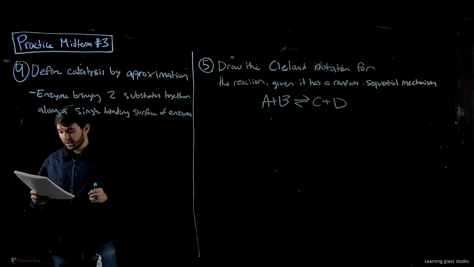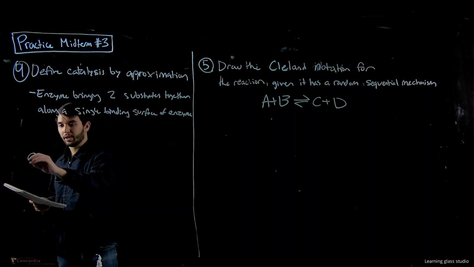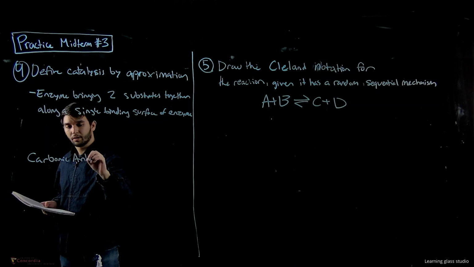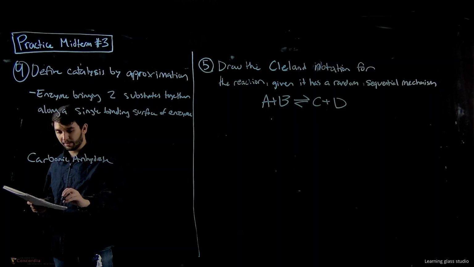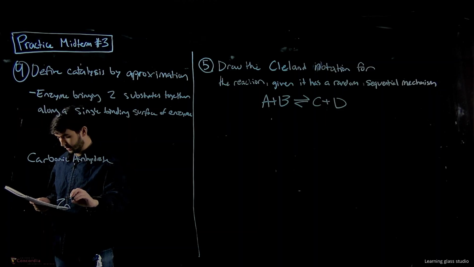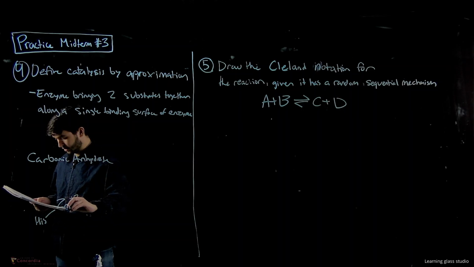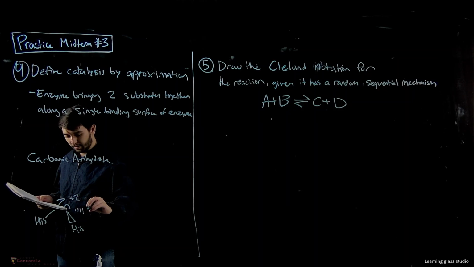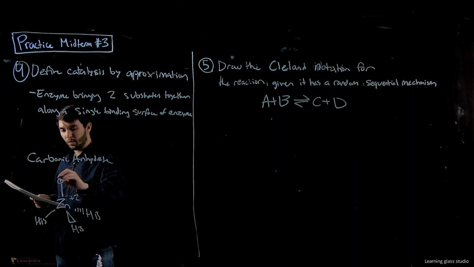So essentially we can look at an example here. We're going to look at carbonic anhydrase. We'll talk about this a little bit more later, but the way this works is it has a zinc ion and then 3 histidine residues in this sort of geometry, and then this will be bound to an OH.